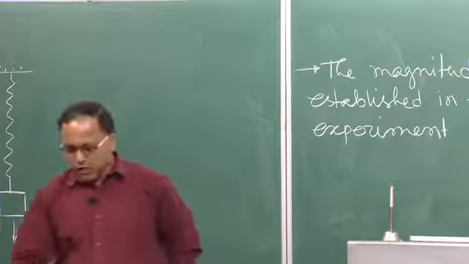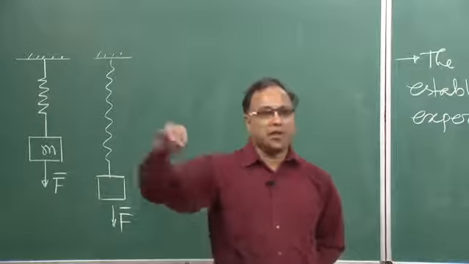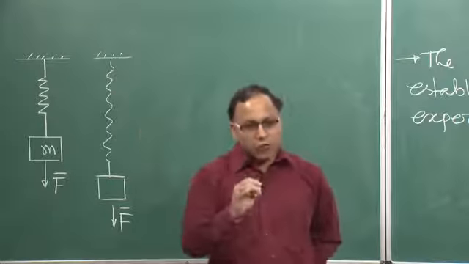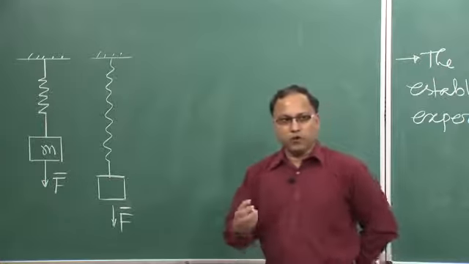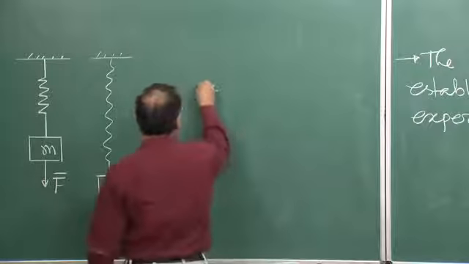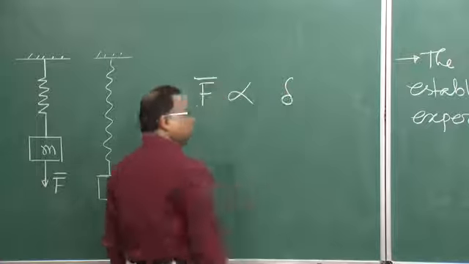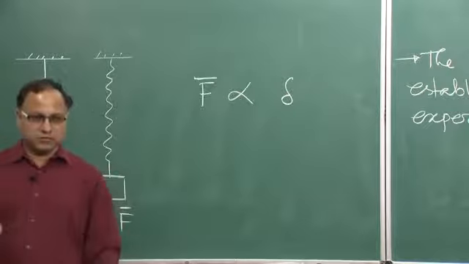Then if I increase to 2 kg, that will give some other value of deformation, like that. So what law is it following? That force F is proportional to your deformation delta, right.